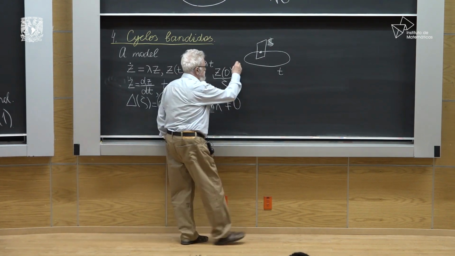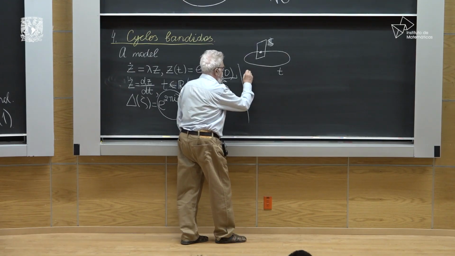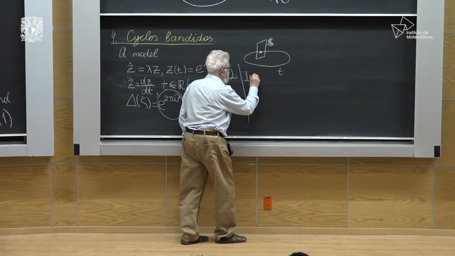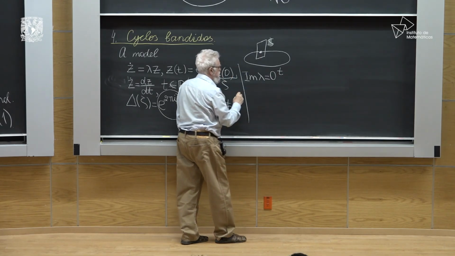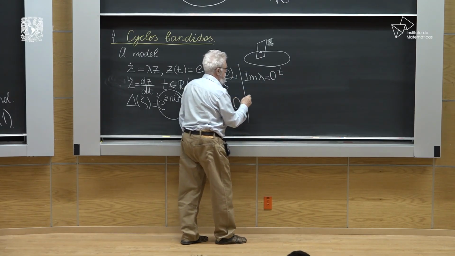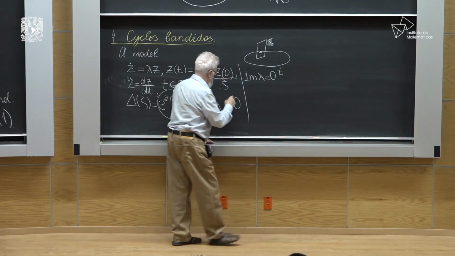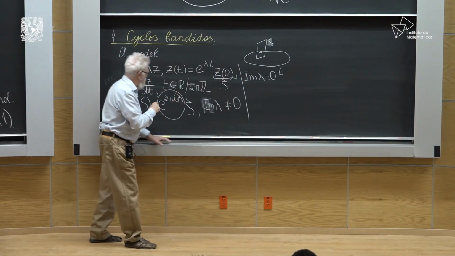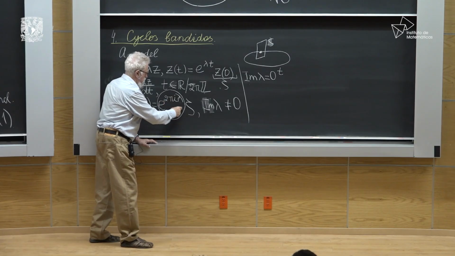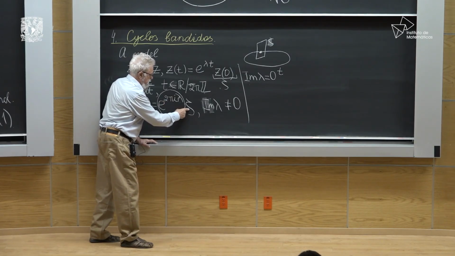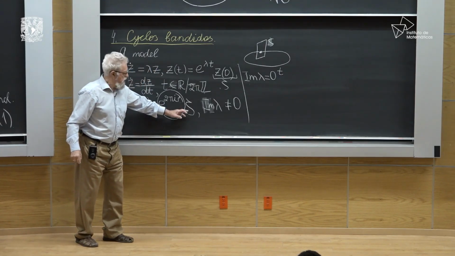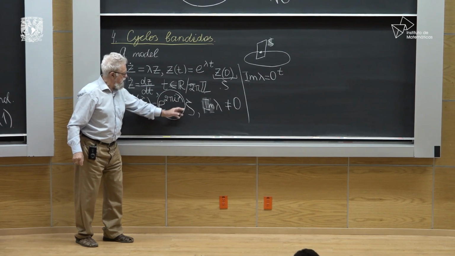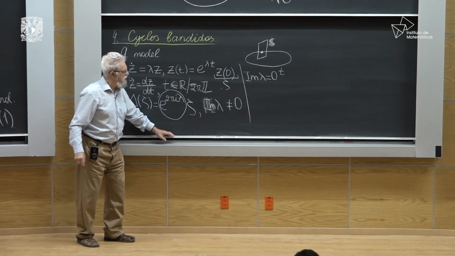So the interesting case is when the imaginary part of lambda equals 0. Then the situation is the following. The magnitude of this number is 1. So it does not change the magnitude of z. So the orbit is a sequence of points on a real circle.